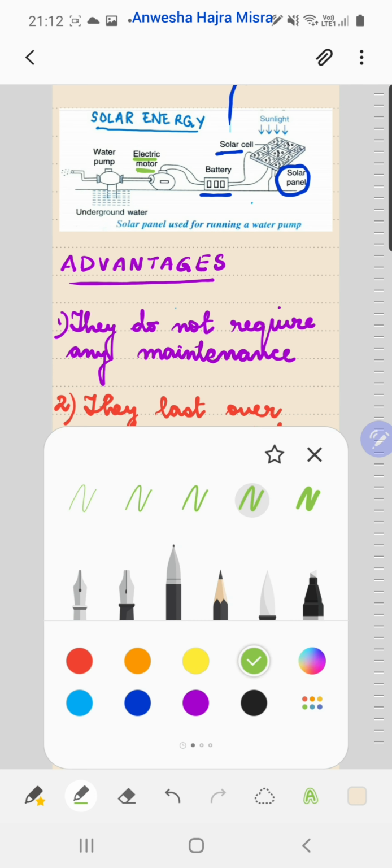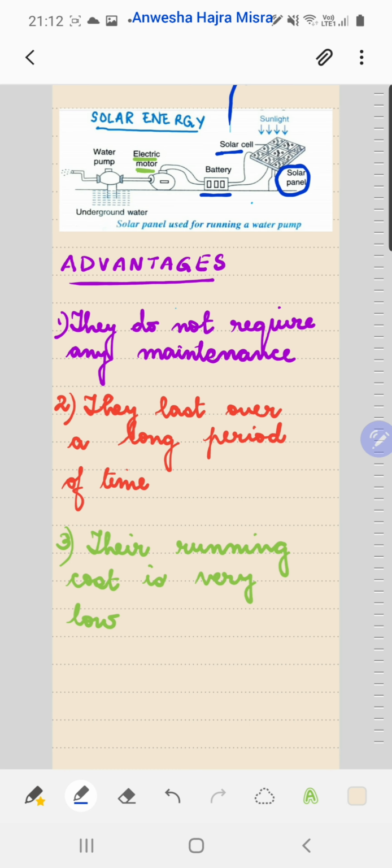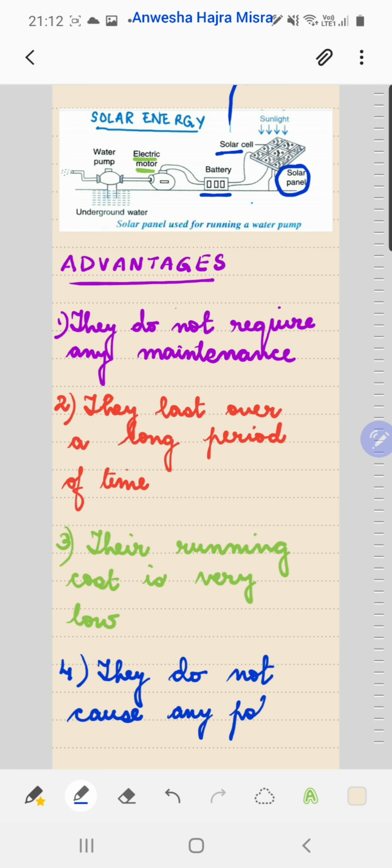You can also say they are most suitable for remote places where power lines cannot be laid, or you can say they cause very little pollution. They do not cause any pollution in the environment.